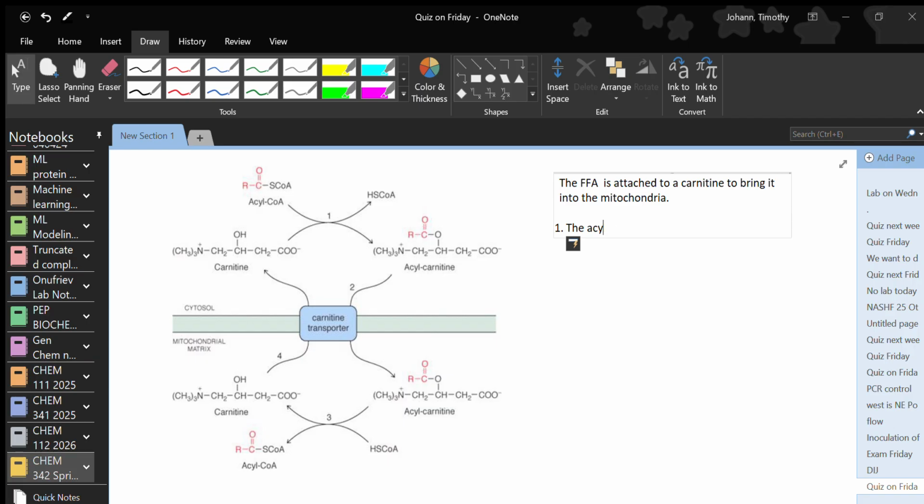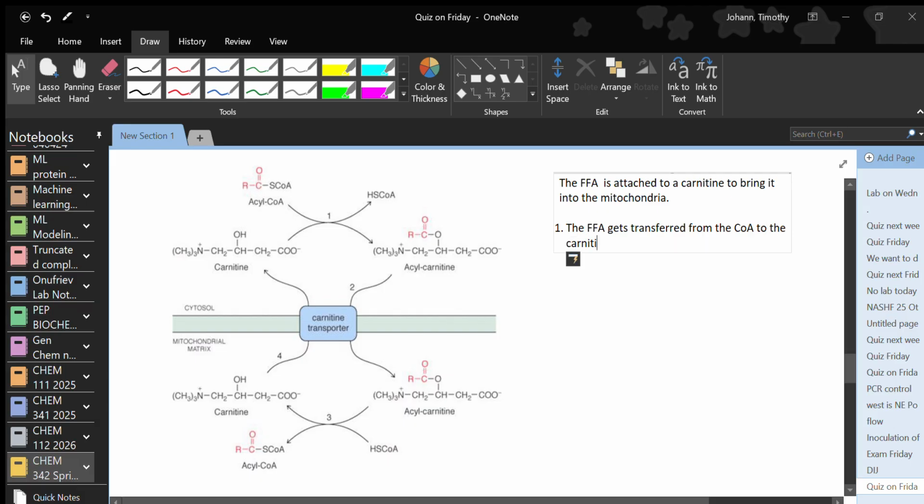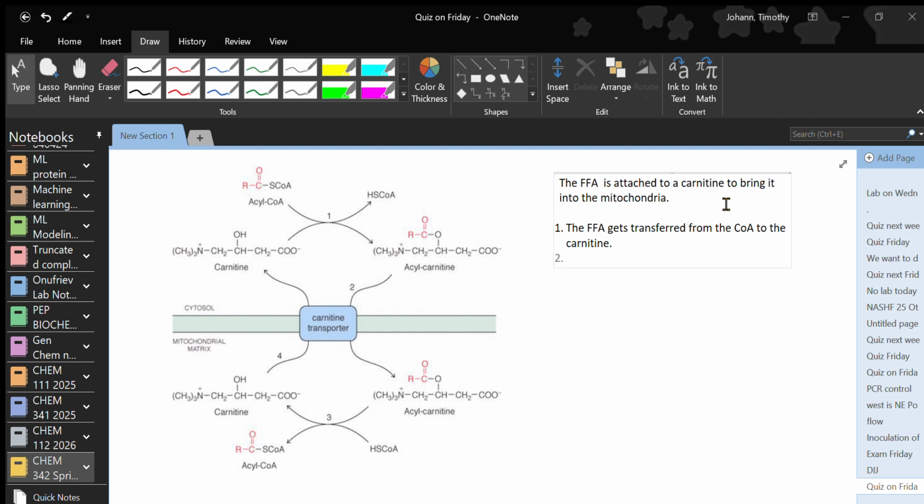Let's just say the free fatty acid. Any energy spent there? Nope, I don't see it either.